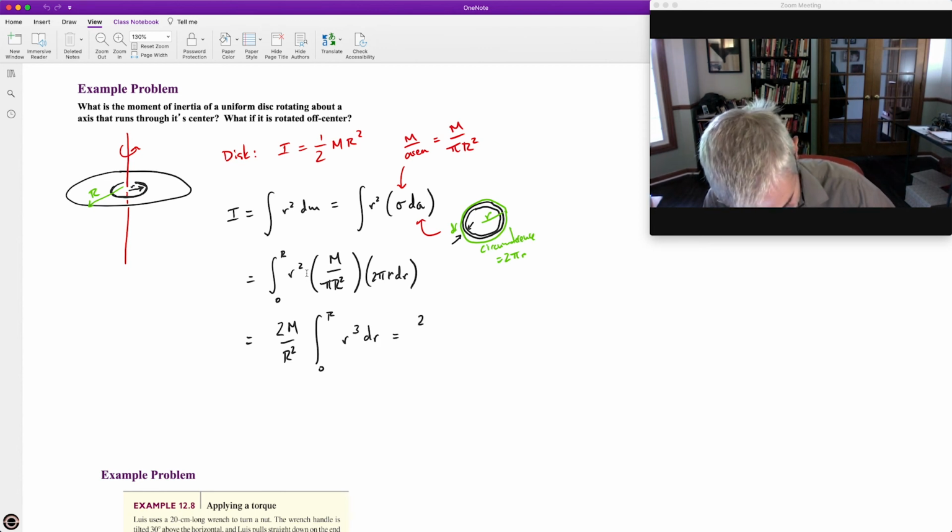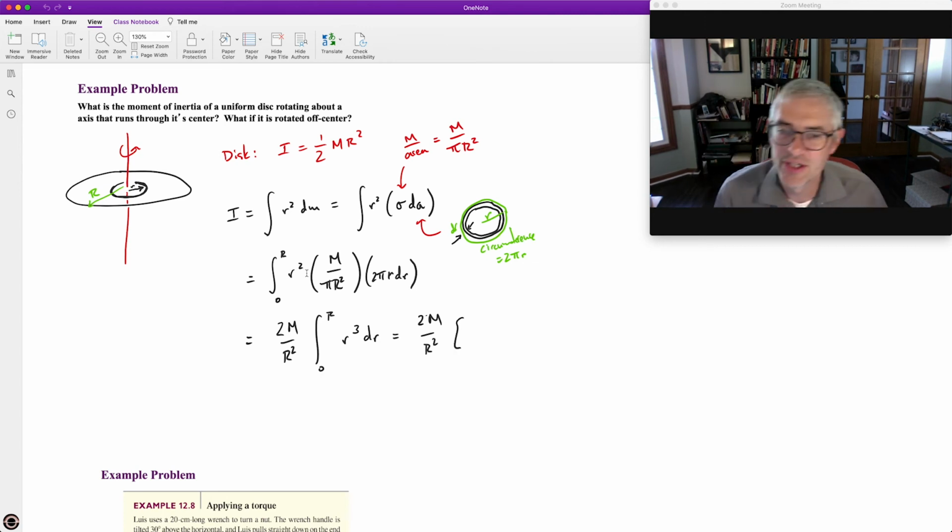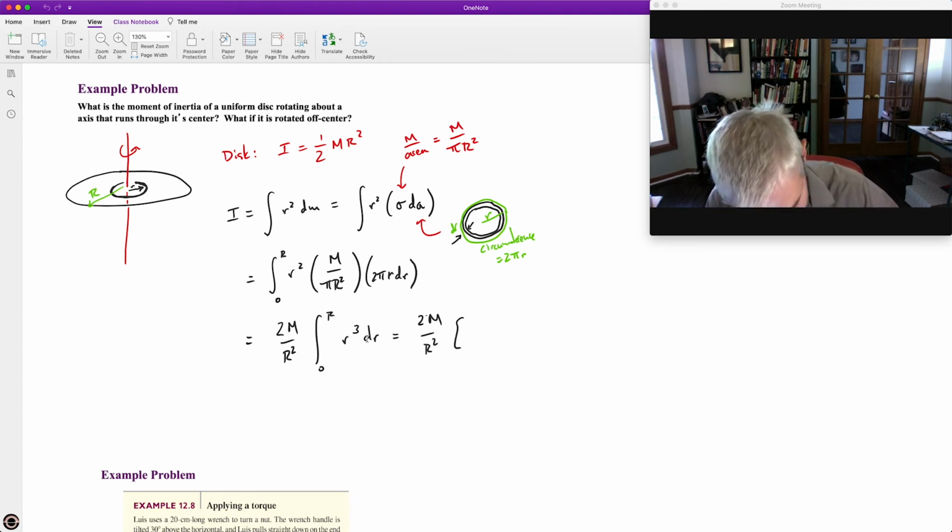Which is equal to 2m over big R squared. And then when you integrate r cubed, what you get is 1 over 4 r to the 4th.